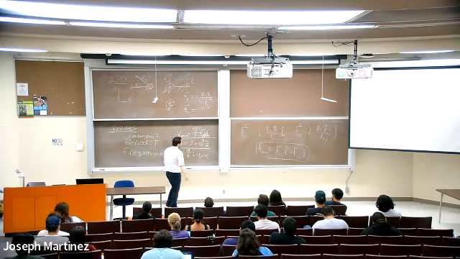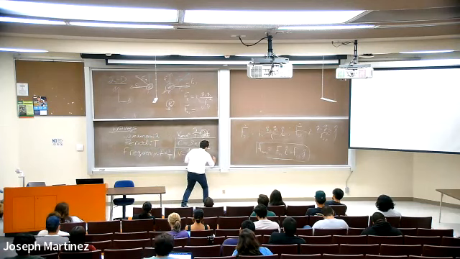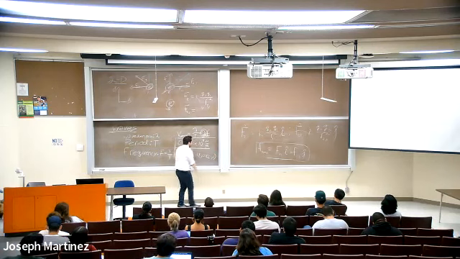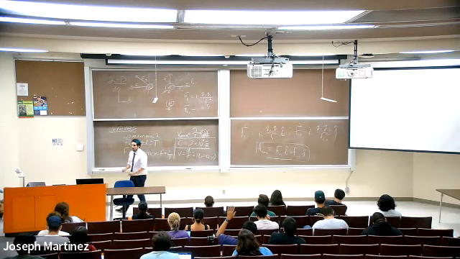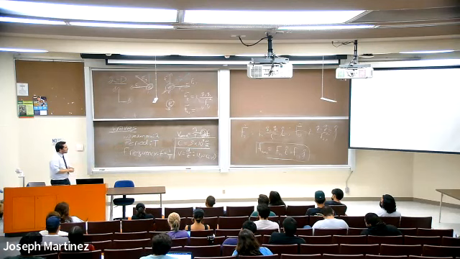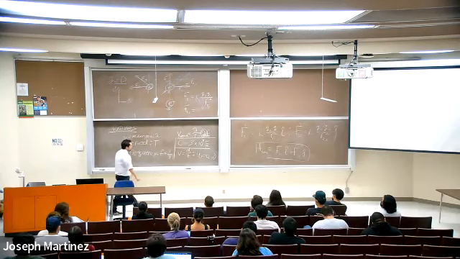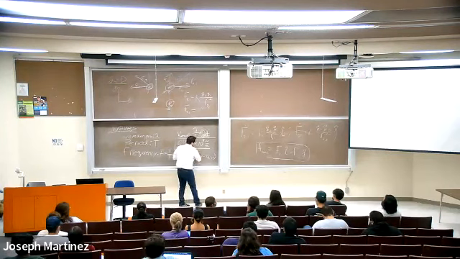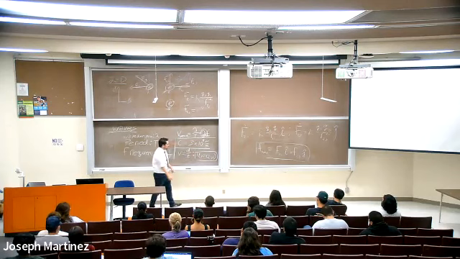But 1 light year is c times 1 year. I think it's something like 14 trillion kilometers or something like that. Very, very large distance. Today you'll be doing some stuff involving that light year value.